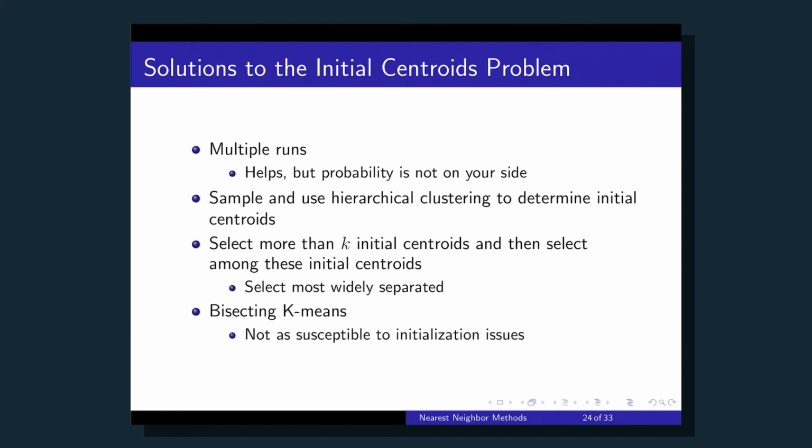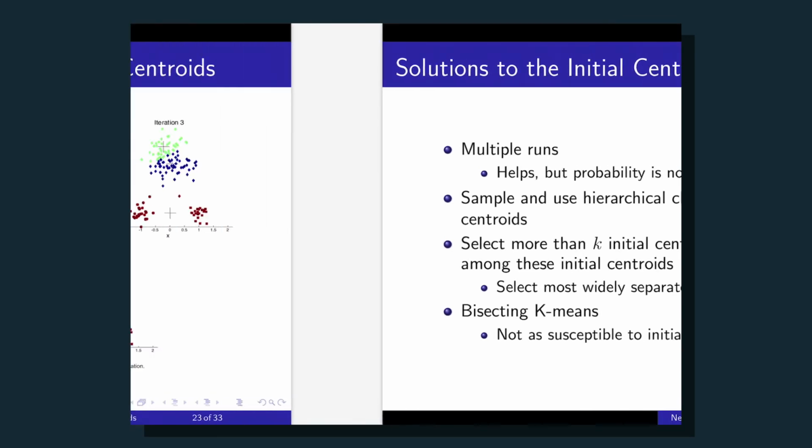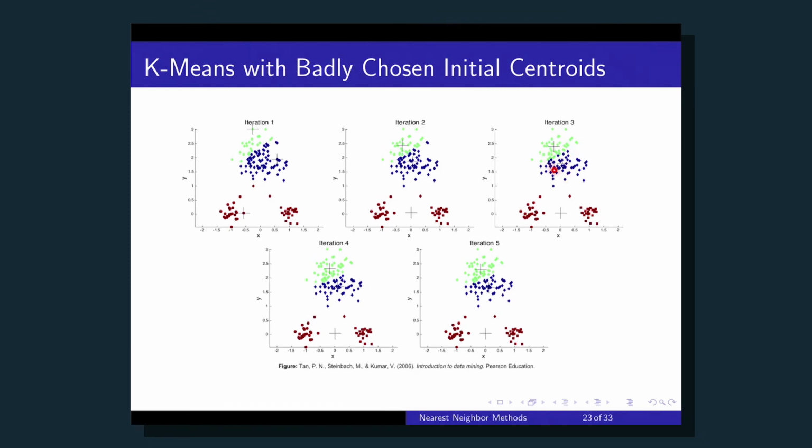What if you select more than k initial centroids, and then select among these the most widely separated? So you start with more than the number of clusters you need, and then take only the ones that are far apart from each other, so that you know those aren't the ones that have crashed into each other.